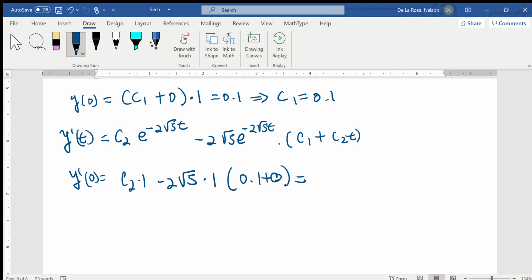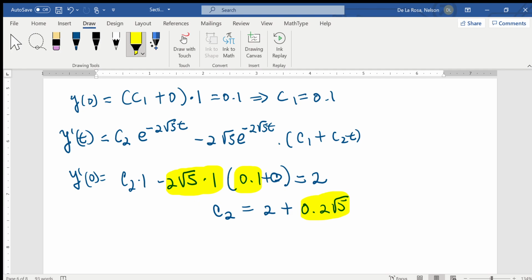This is equal to 2. If we isolate c2, c2 is going to be equal to 2 plus 0.2 square root of 5, because when we multiply negative 2 square root of 5 times 0.1, it produces 0.2 square root of 5.